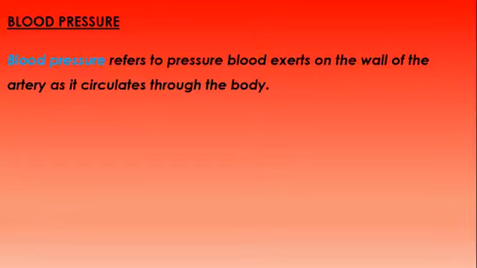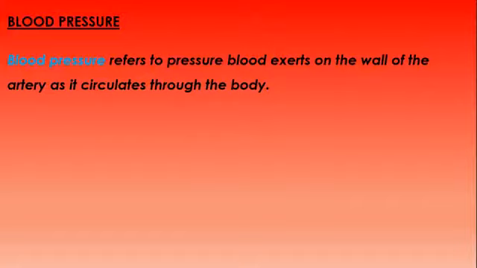So as I said, when the heart pumps blood or receives blood from the body, there is pressure that this blood will have on the wall of the arteries as it circulates throughout the body. And that's what we call blood pressure. Now, this pressure could be high or low depending on several factors.